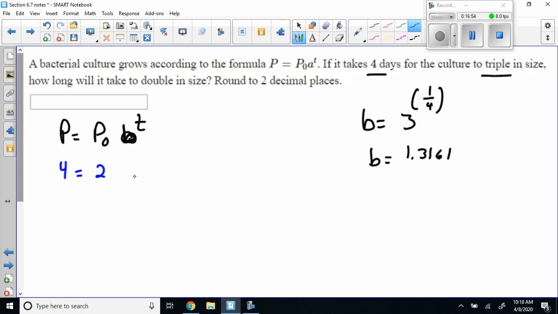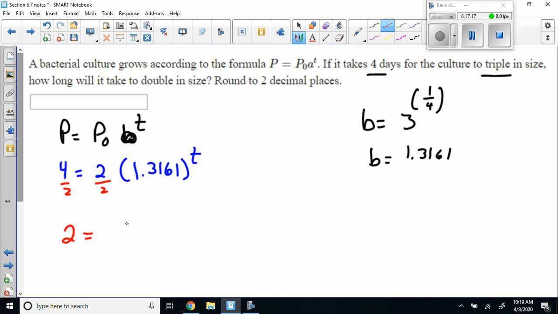That's doubled, right? Here's my base of 1.3161 based off the scenario that we have. t, we've got to find how long it will take. And of course, if we divide both sides by 2, we get the ratio of the ending over the beginning to be 2, which means it doubled.